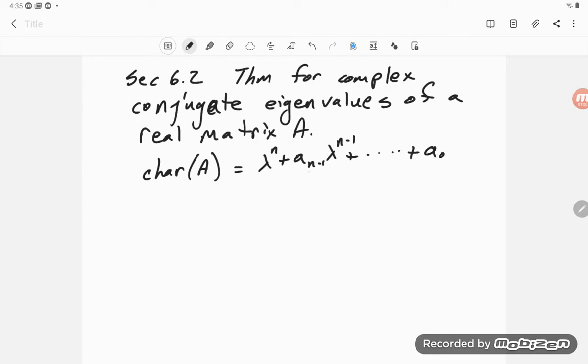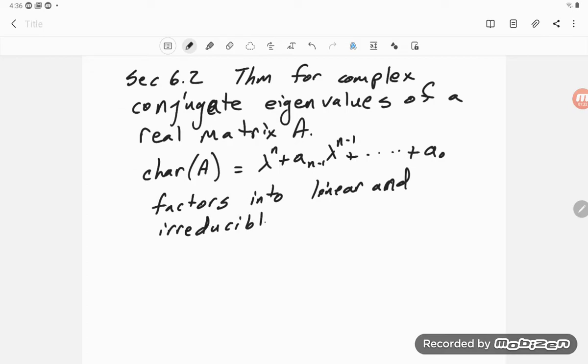And from our complex chapter, we know that this is going to factor into linear and irreducible quadratic terms.